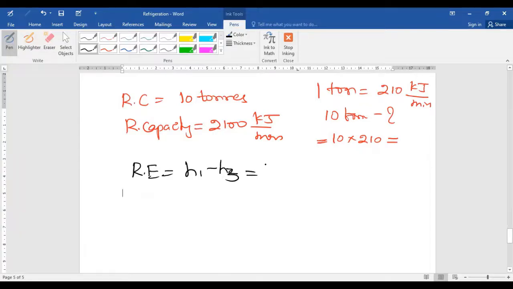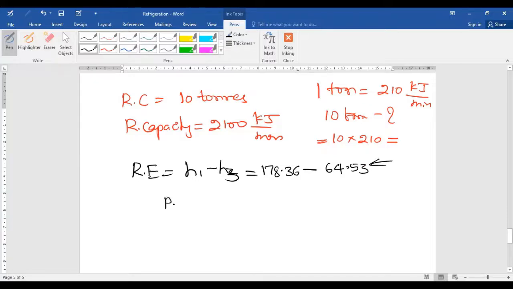H1 is 178 something we got, that I will write as 178.36 minus H3, which is 64 point something, from the thermodynamic data handbook.